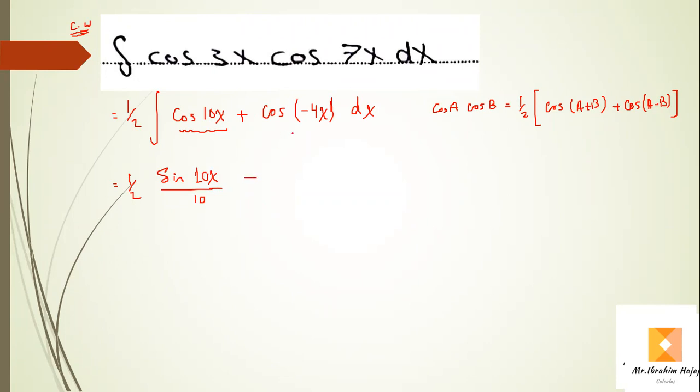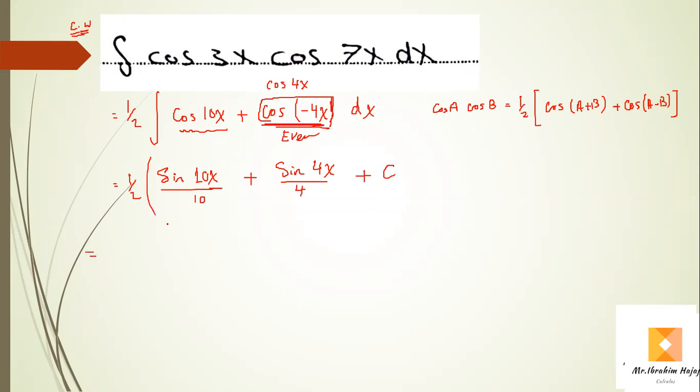Cosine negative 4x stays the same as cosine 4x, since cosine is an even function. Its integral is sine 4x over 4, plus c.